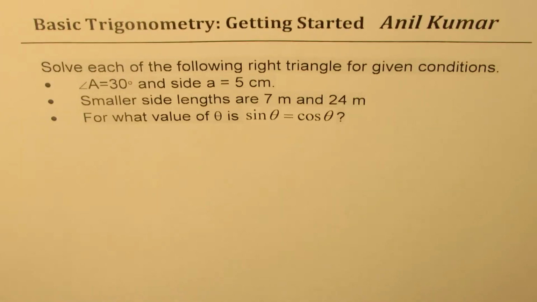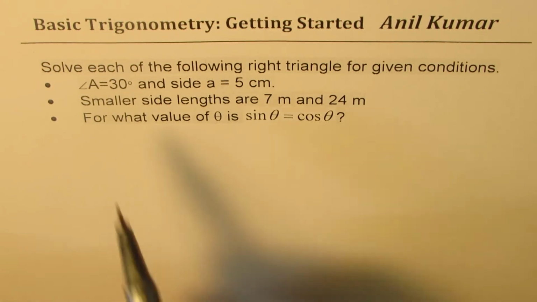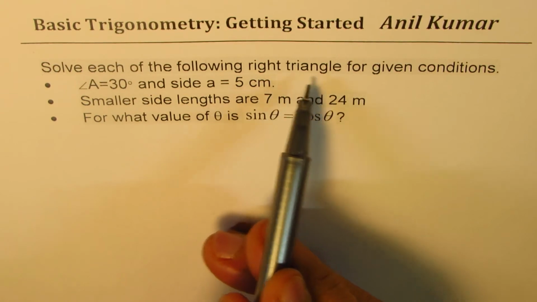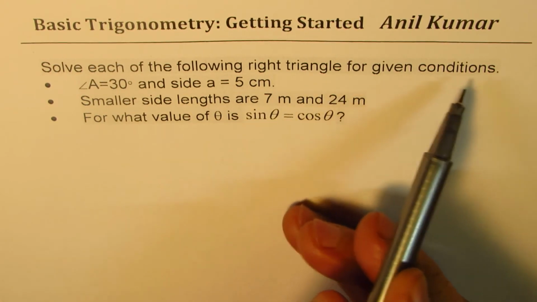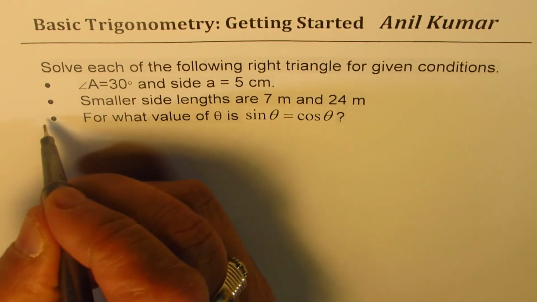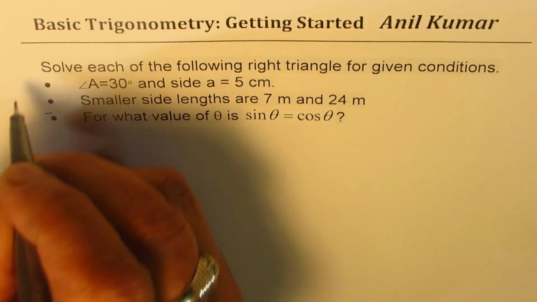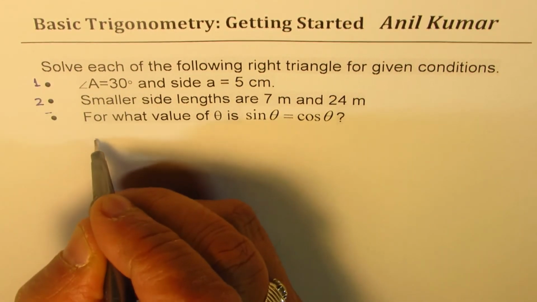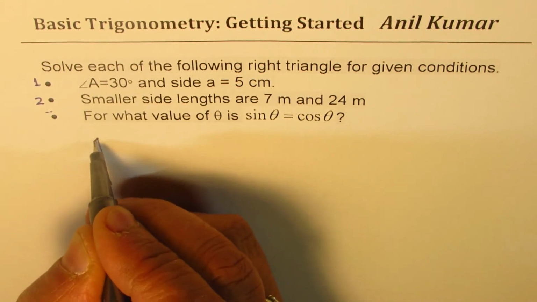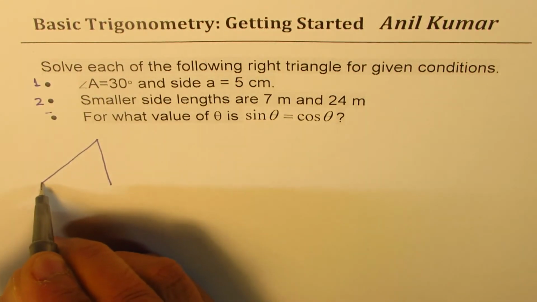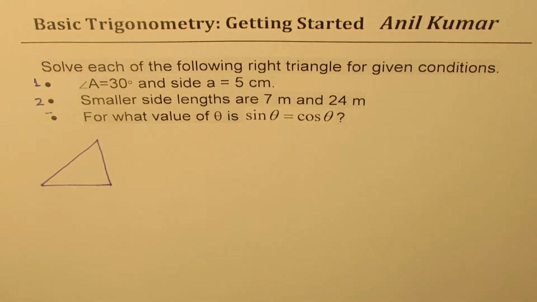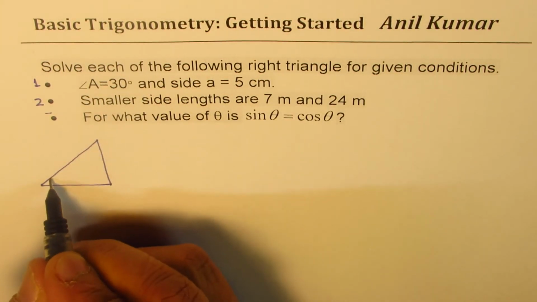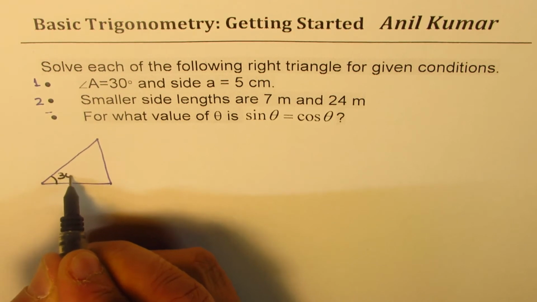Okay, here are the 3 test questions. The first one, we need to solve each of the following right triangles for given conditions. Well, that is separate. These are the 2 right triangles. The first one is, let me make one right triangle, then I'll fit in the values. First one here is, angle A is 30 degrees, so we are given angle A as 30 degrees.